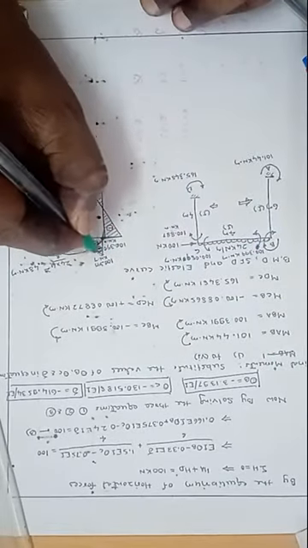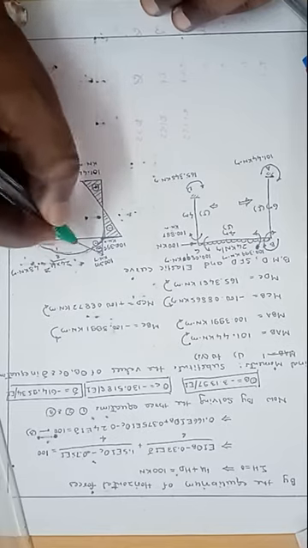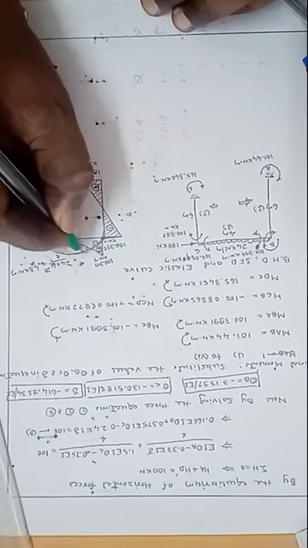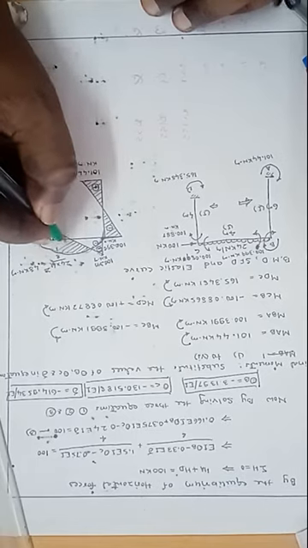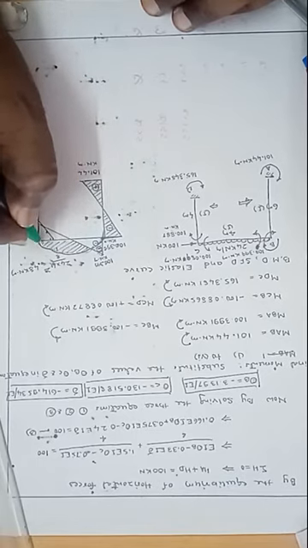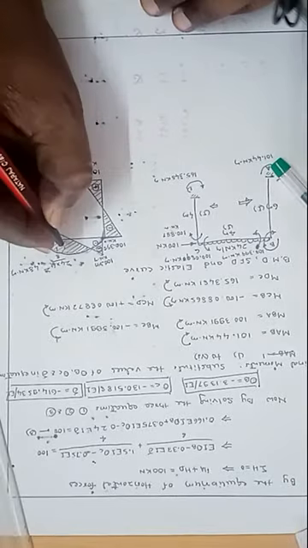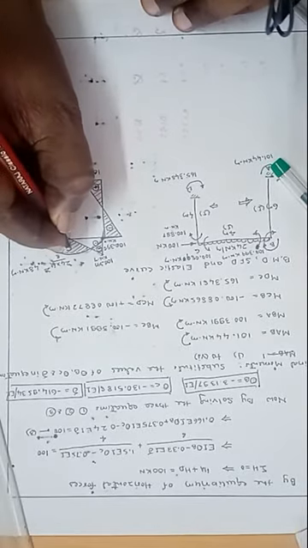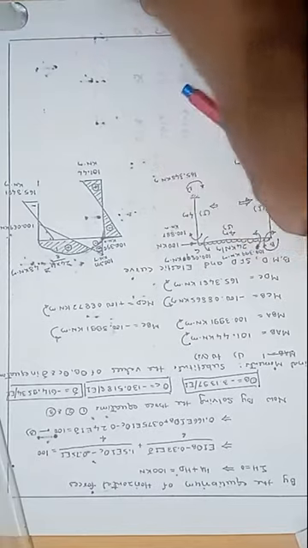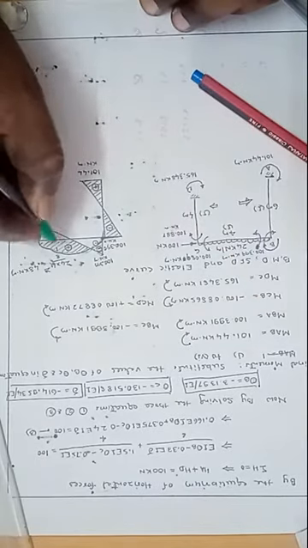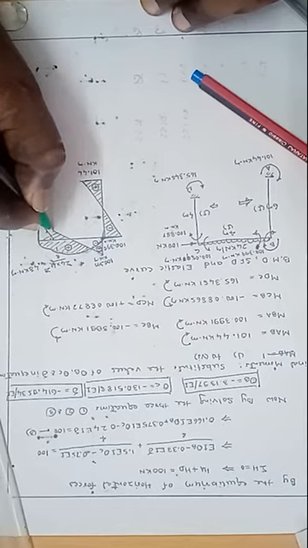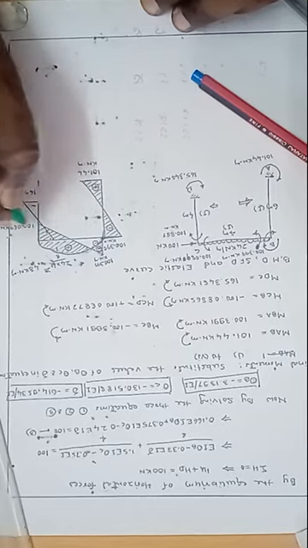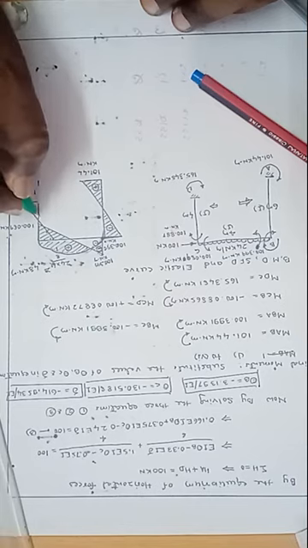Then this portion is positive bending moment, which is positive due to UDL. Then again there is positive bending moment. This portion is also positive bending moment. This one is negative bending moment.